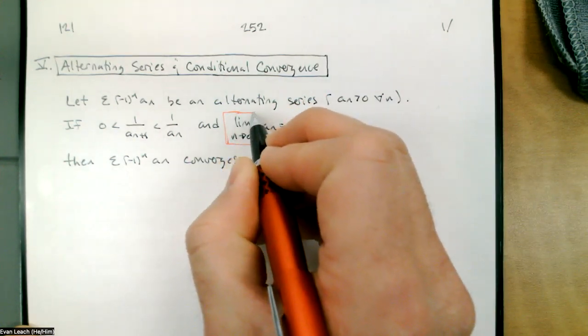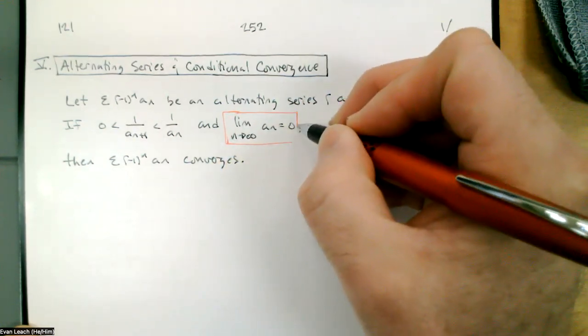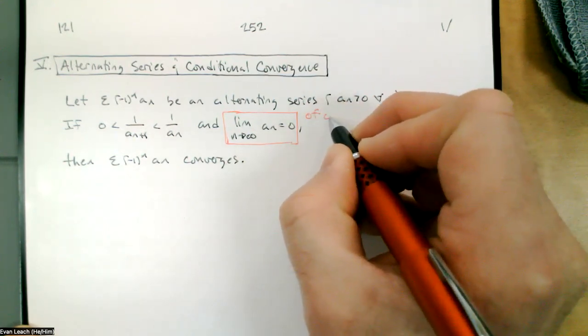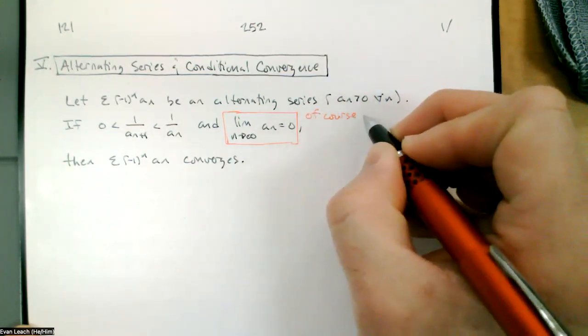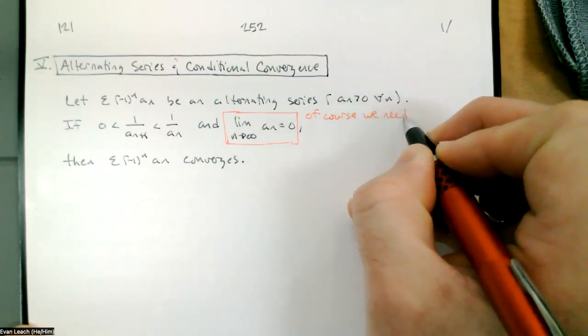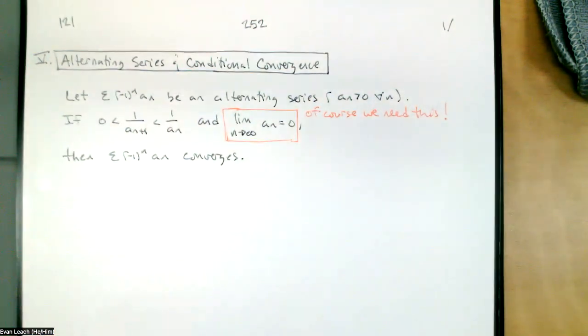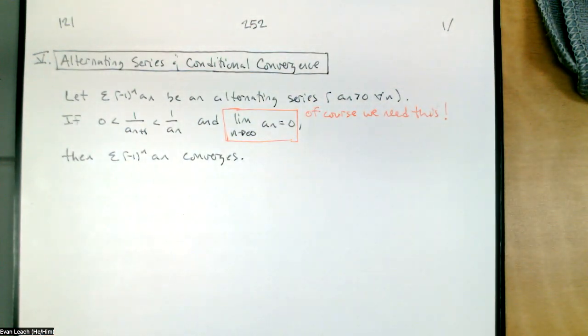Of course we need this necessary condition. What the alternating series test is really bringing to the table is that if the terms alternate and they decrease, then we get convergence.